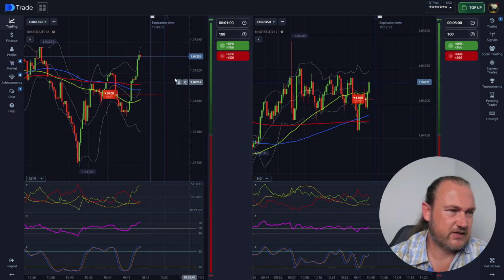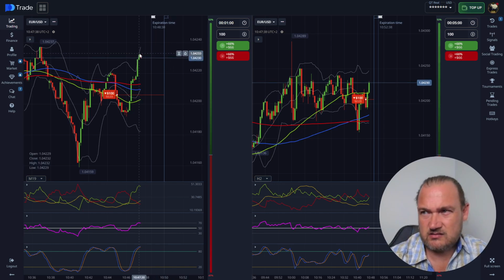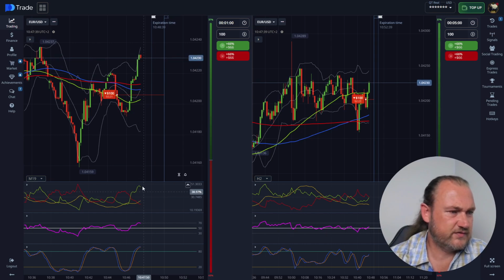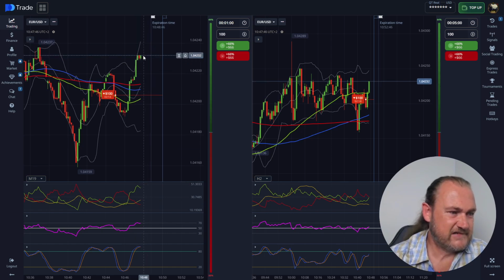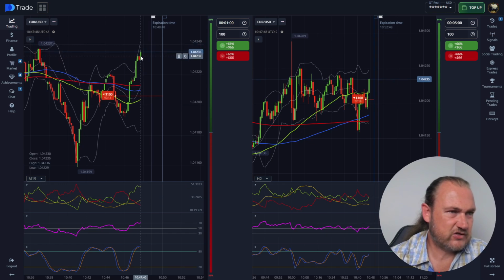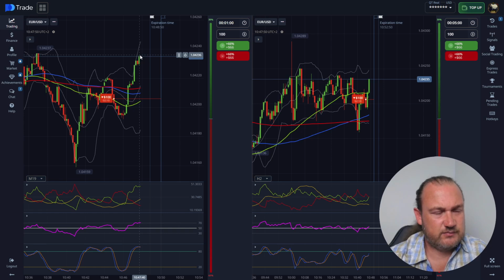It really doesn't matter. I am kind of tempted to take a 1 minute sell here because of this nice DI spike. The ADX is coming up quite strongly now. So I'm a bit hesitant to put this in reverse.